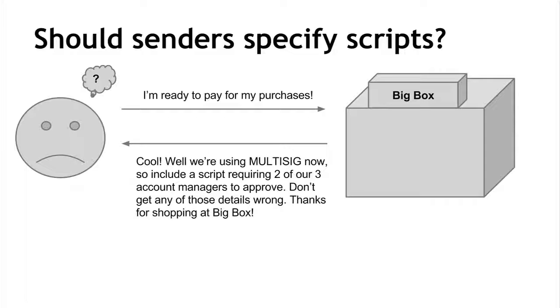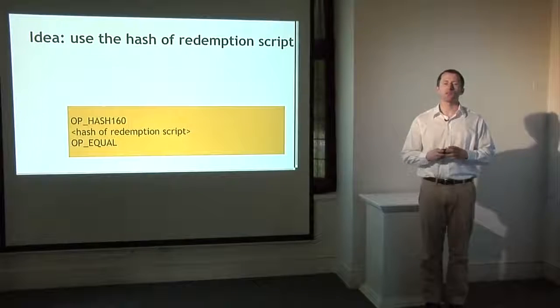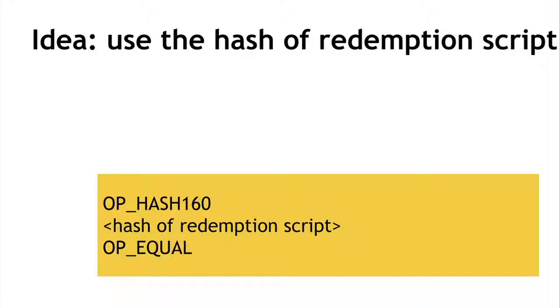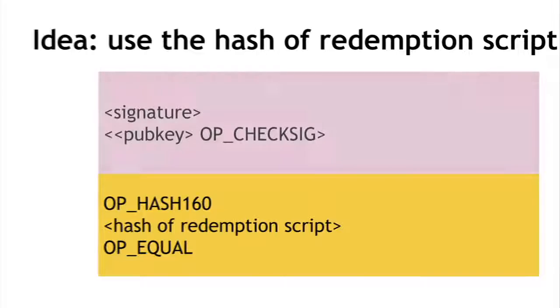So in response to that problem, there's a really clever hack in Bitcoin, which is that instead of having the sender specify the entire script, the sender can specify just a hash of the script that is going to be needed to redeem those coins. So this looks like the sender specifying a very simple script which just hashes the top value on the stack and checks to see if it's equal to the required redemption script.